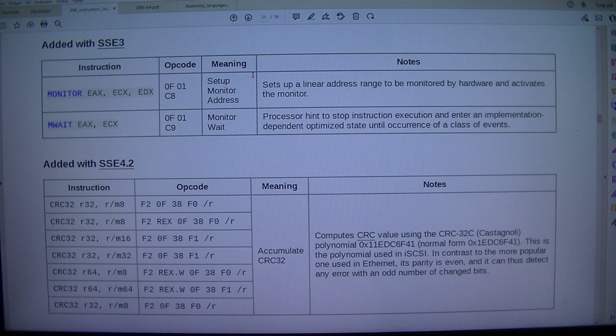MONITOR EAX, ECX, EDX, 0F01 C8: setup monitor address, sets up a linear address range to be monitored by hardware and activates monitor. MWAIT EAX, ECX, 0F01 C9: monitor wait, processor hint to stop instruction execution and enter an implementation-dependent optimized state until occurrence of a class of events.